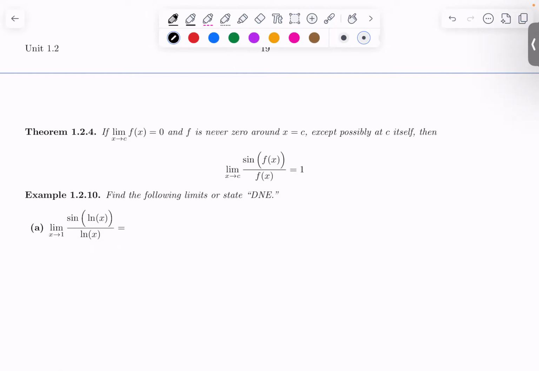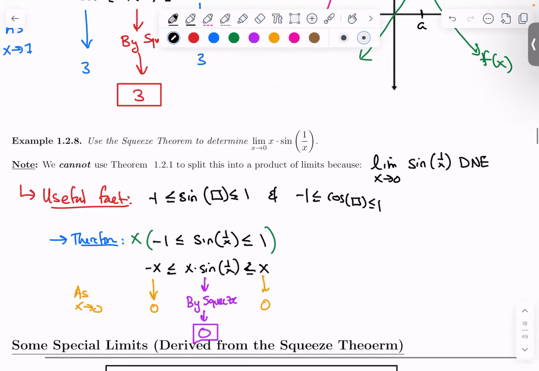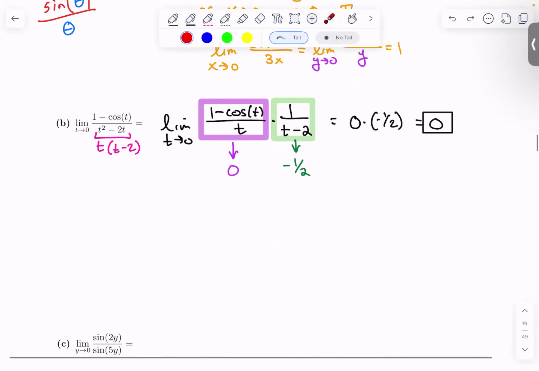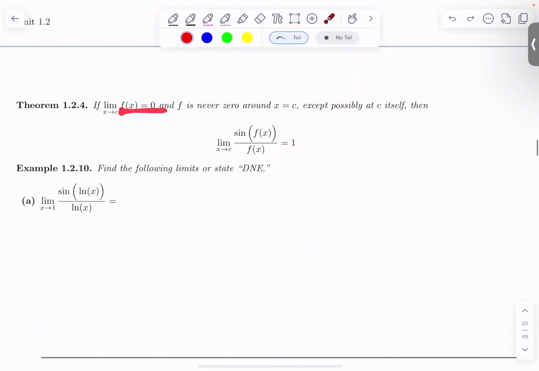So the same thing is happening. The inside is going to 0, just like it would here, because if theta is going to 0, the insides are going to 0. Here, f of x is going to 0, so the insides are going to 0.